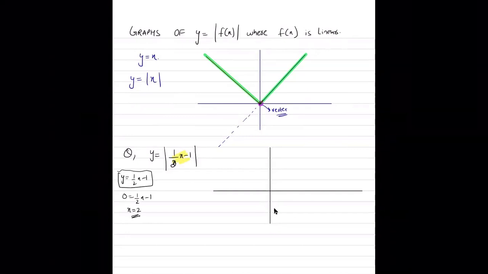For the y-intercept you're going to plug x as 0, so the y-intercept is going to be negative 1. So this is going to be minus 1, that's going to be 2, and then you're going to get a straight line.